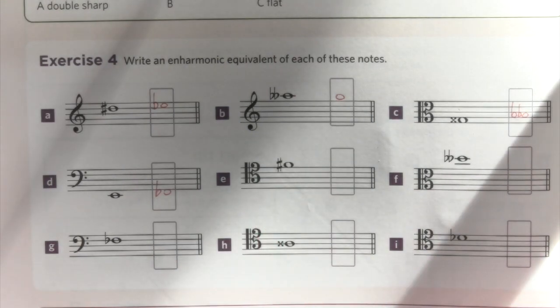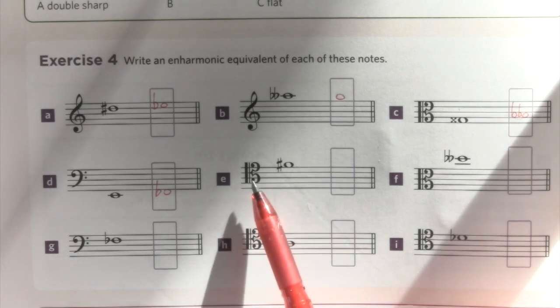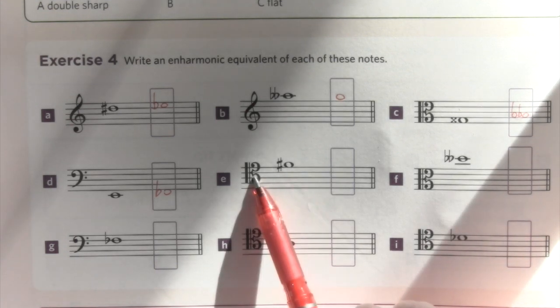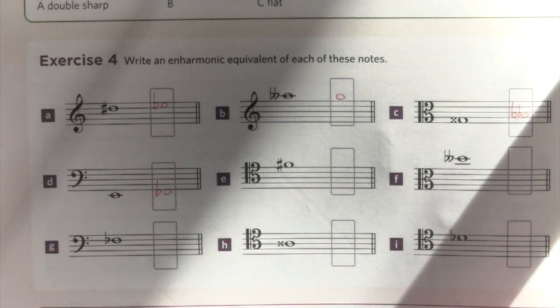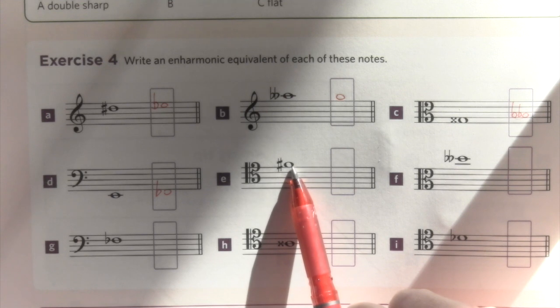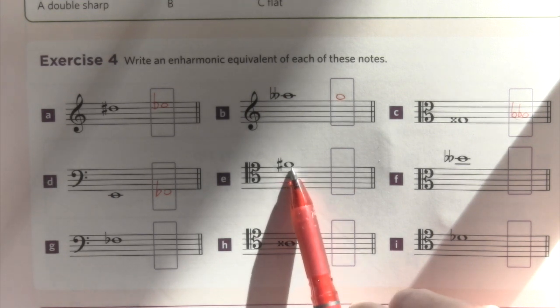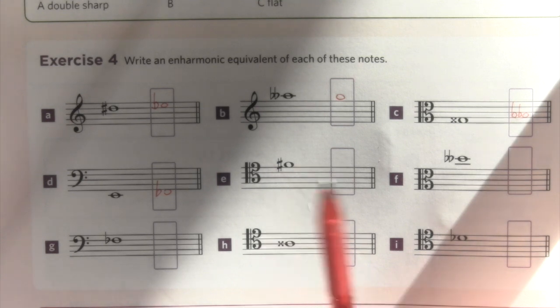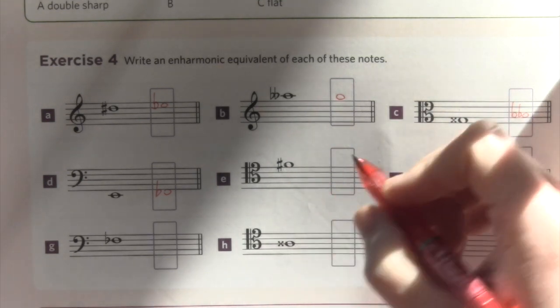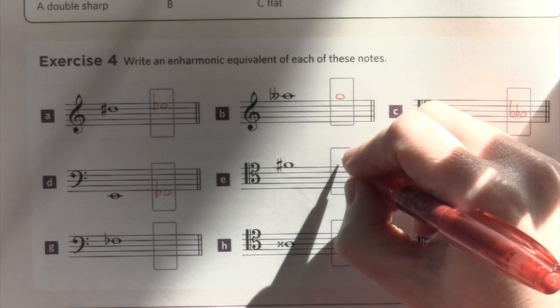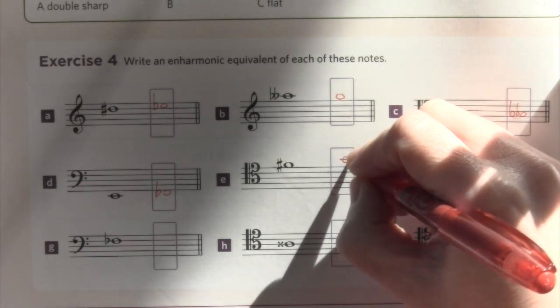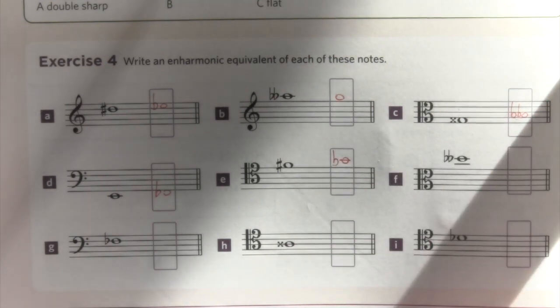Now let's do these ones without the keyboard. So this is Do, okay, that's a tenor clef is treble clef minus 1. So that's a G sharp, it becomes Fa sharp. So Fa sharp is also G flat. So we go one above and we put the flat.